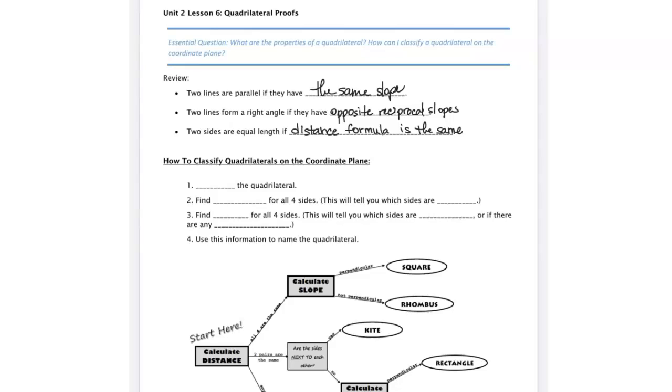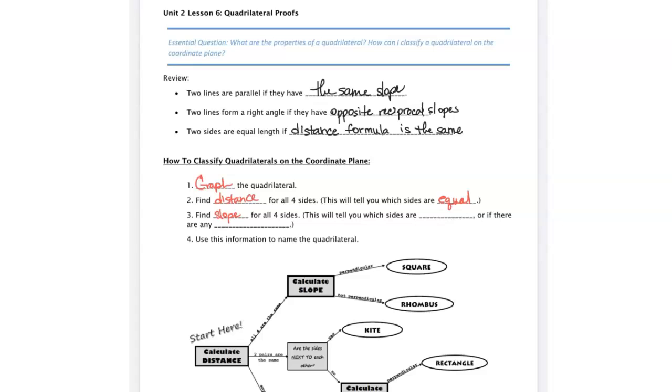How to classify quadrilaterals on the coordinate plane. First, we're going to graph the quadrilateral. Second, we'll find the distance for all four sides. This will tell you which sides are equal. Third, we're going to find the slope of all four sides.